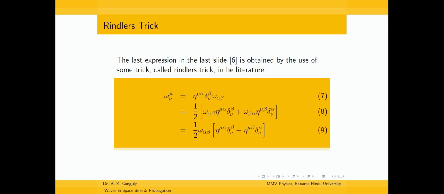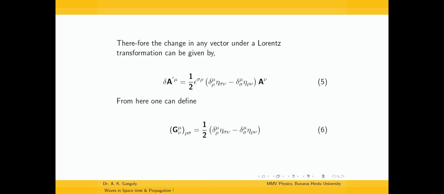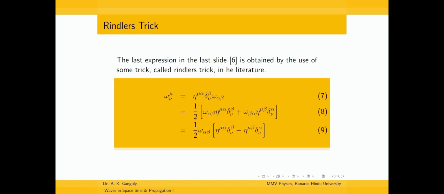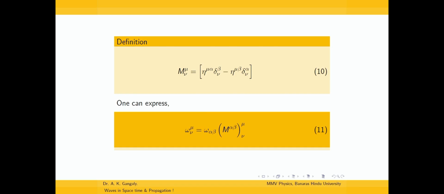So, the mixed tensor or infinitesimal Lorentz transformation parameter omega of mu nu now becomes equal to half of omega of alpha beta, and then inside the bracket something that we had defined in the previous slide by capital G, and probably without loss of much generality we can call it in terms of M of mu nu. I mean, both of them just map onto each other.